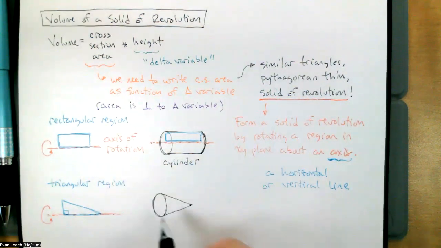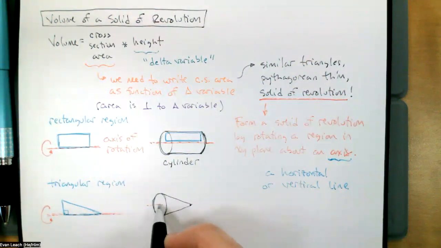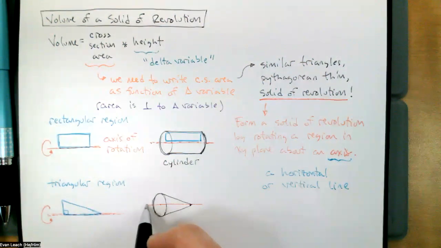Our axis of rotation will go through the center of the circle and the tip of the cone.